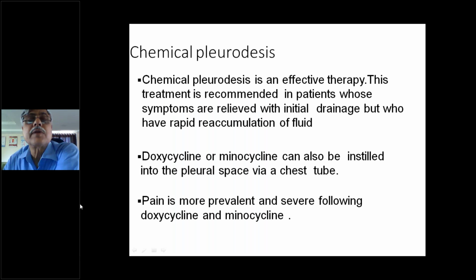So for pleurodesis, one is tetracycline, minocycline, and doxycycline, and talc you can also use. And of course, pain will be more.